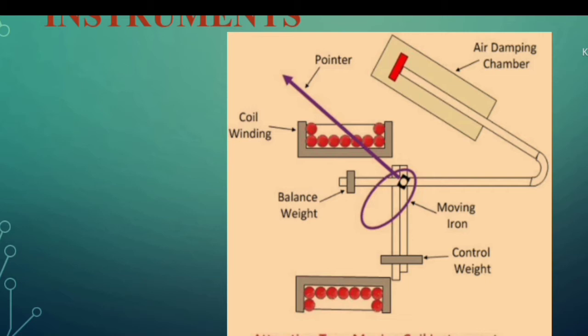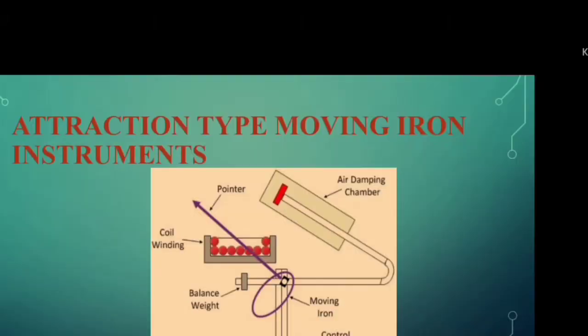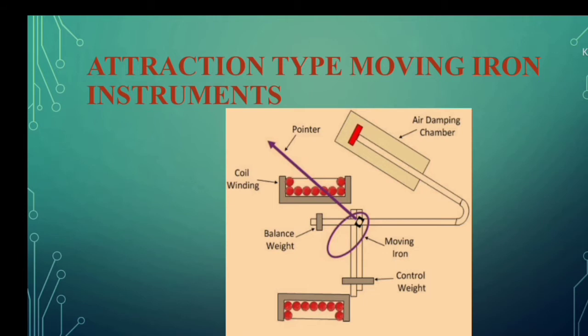To achieve it, a piston is connected with the pointer arrangement. This piston moves in an air-filled chamber, and by its movement we provide a damping torque to the pointer movement. Last comes the indicating system, which is the pointer and scale arrangement. So this is the constructional part of the attraction type moving iron instruments.